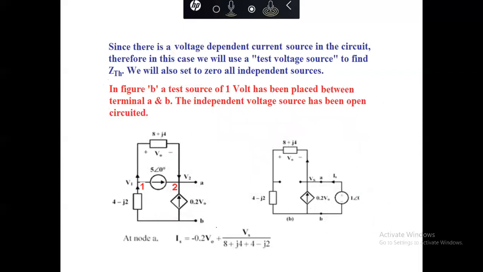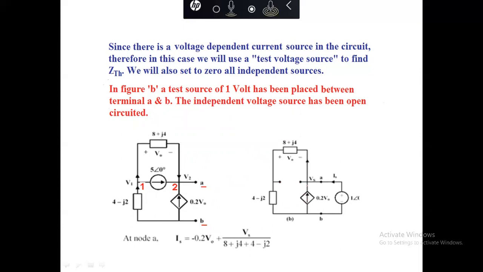Next step, we have to find the value of ZThev across these 2 points A and B. That value is calculated by open circuiting this current source.